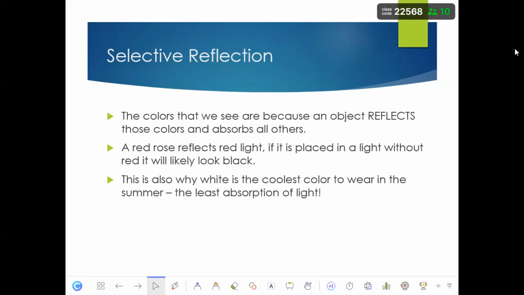When we are talking about selective reflection, it means that the color that we see is because an object reflects that color and absorbs all others. So visible light reaches our body. My t-shirt, my hoodie, what color do you see? You see blue. But we have a spectrum of color from red to violet: red, green, yellow, blue.